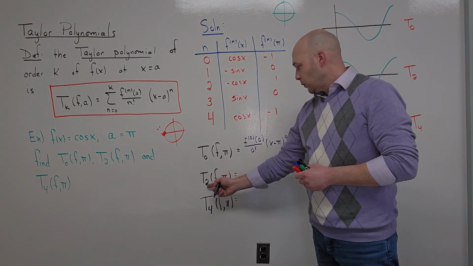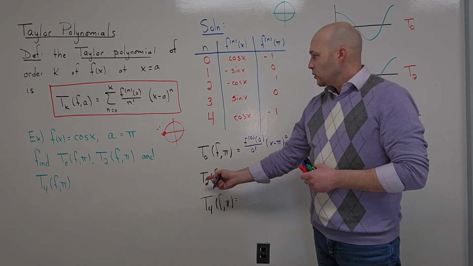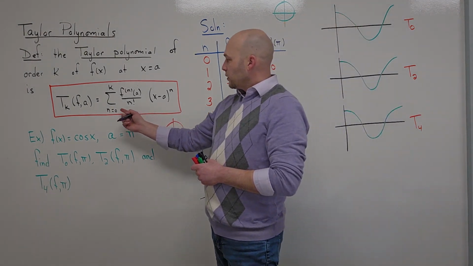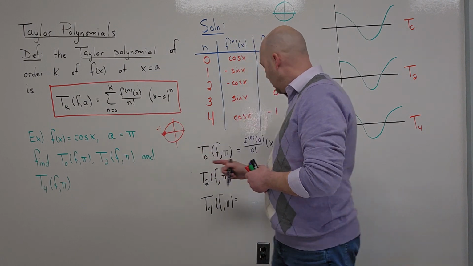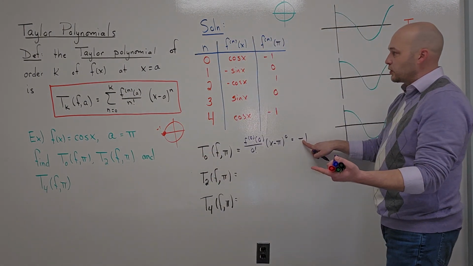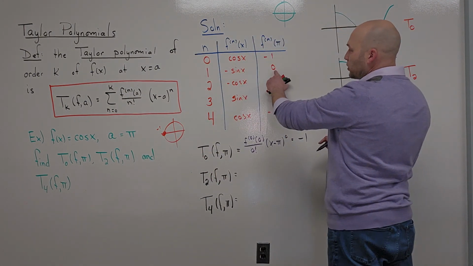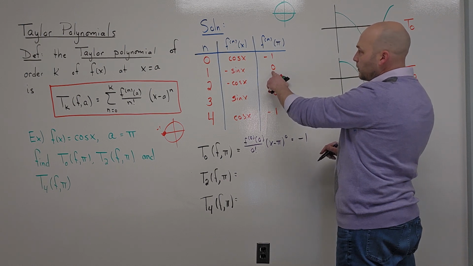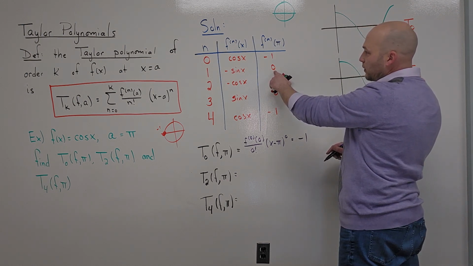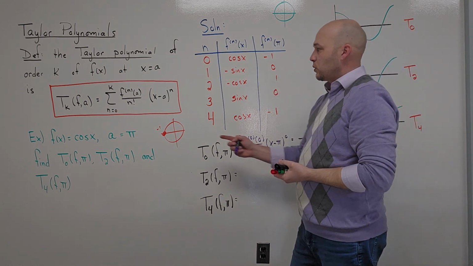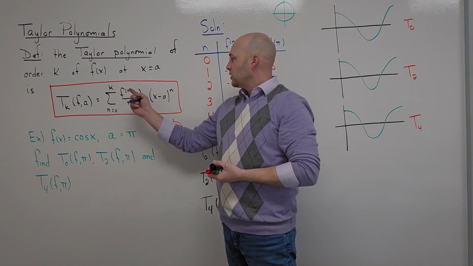For the Taylor polynomial of order 2, that's going to be the term from n equals 0, which is this one, plus the term when n equals 1, which is going to be 0 because the first derivative at pi is 0. So your second term in the sum would be 0.